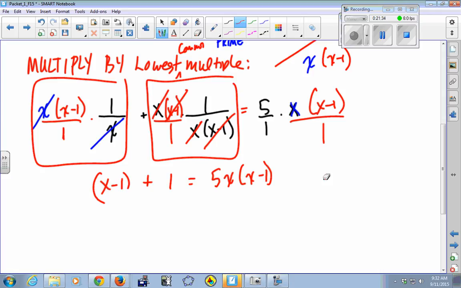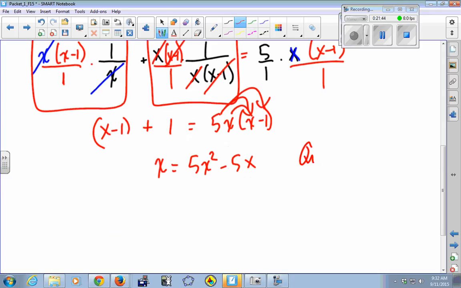So the 1's cancel here, and you get an x on this side, and you use your distributive property here, and you get 5x squared minus 5x. You now have a quadratic equation to solve. So now you say, uh-oh, my solution set may have a possibility of 2 answers, because I see I have a quadratic.